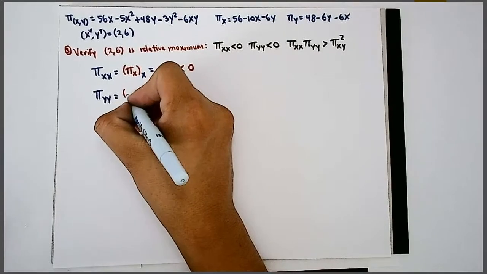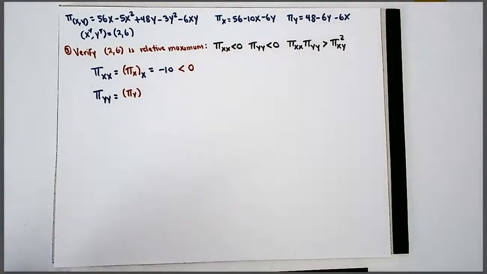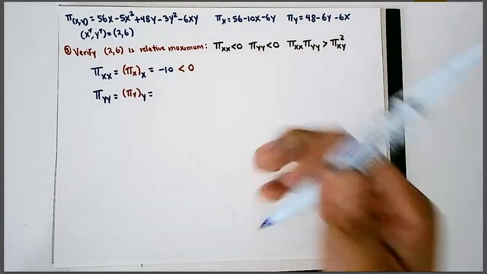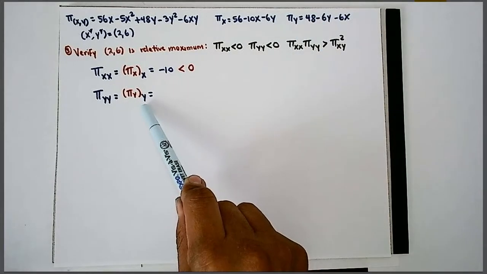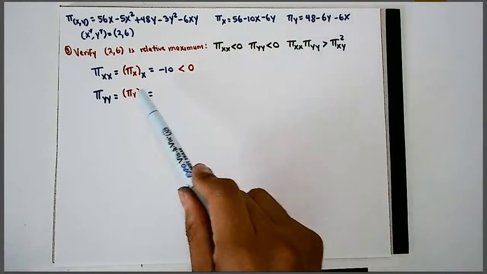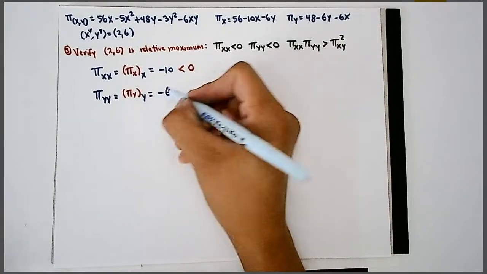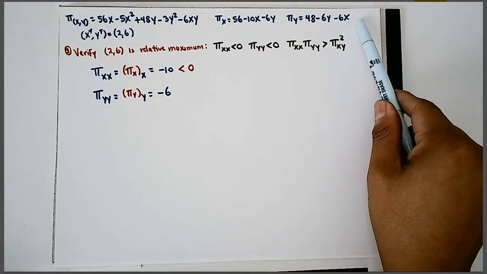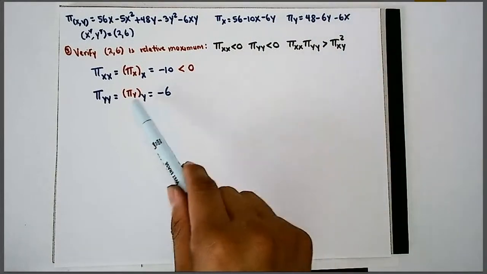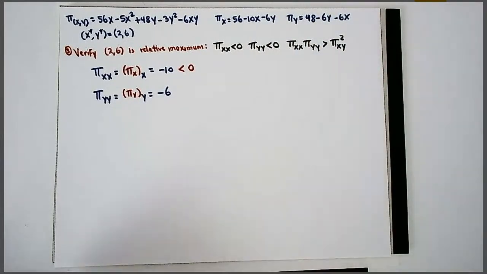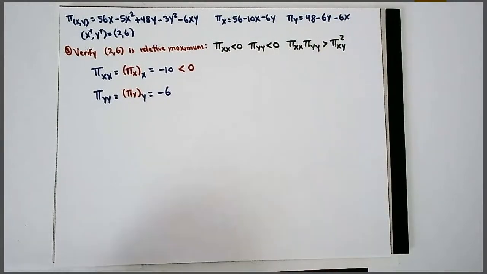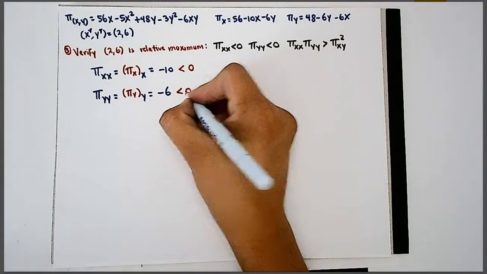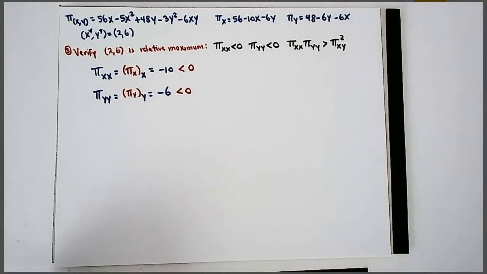This is the derivative of pi y with respect to y. So again, the derivative of 48 with respect to y is 0. The derivative of minus 6y with respect to y is minus 6, and the derivative of minus 6x with respect to y is 0. So we only obtain minus 6 from here. And this is also less than 0, so our second condition is satisfied.